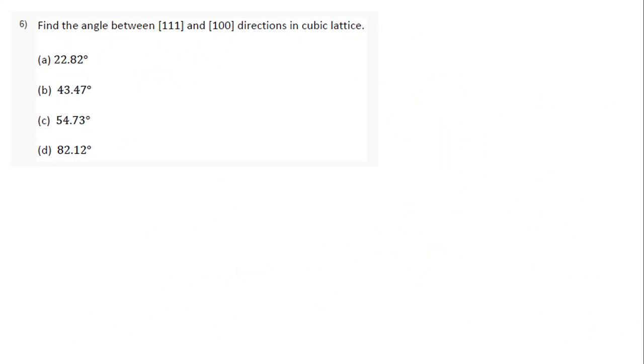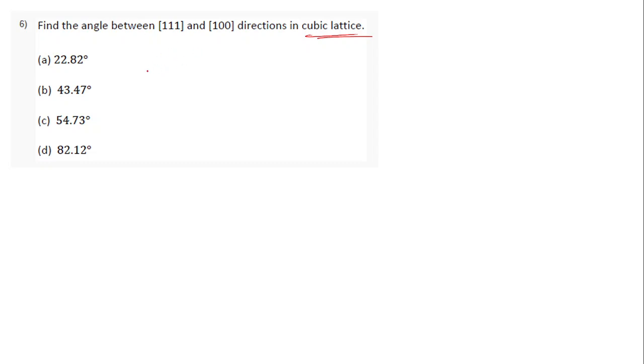Next question. Find the angle between the 111 direction and the 100 direction in a cubic lattice. This formula we had seen earlier, how we find the angle between two planes.